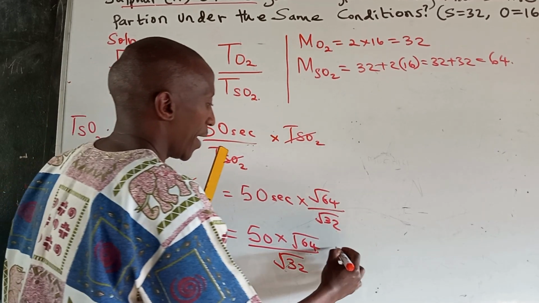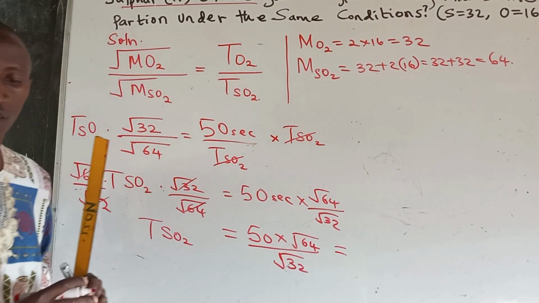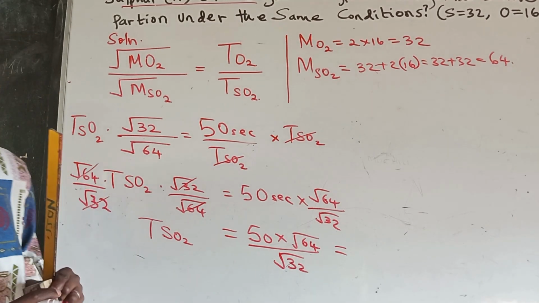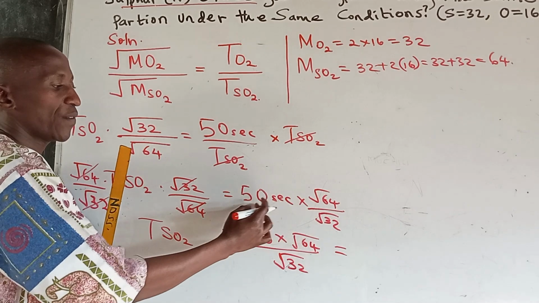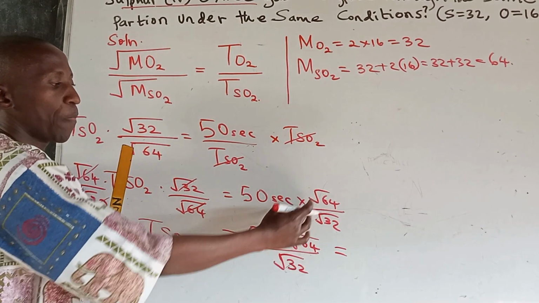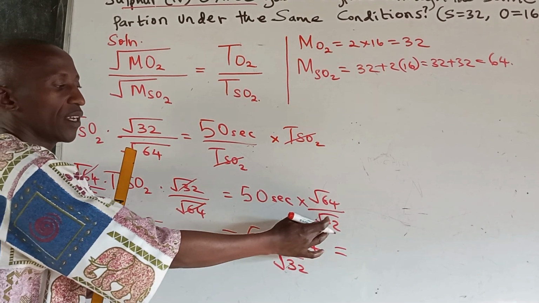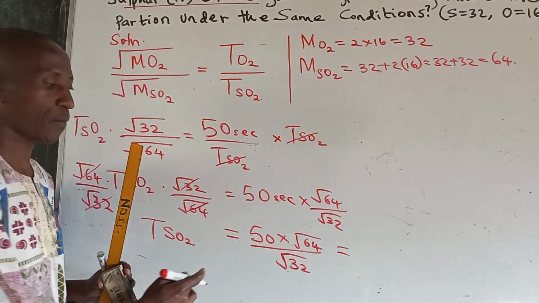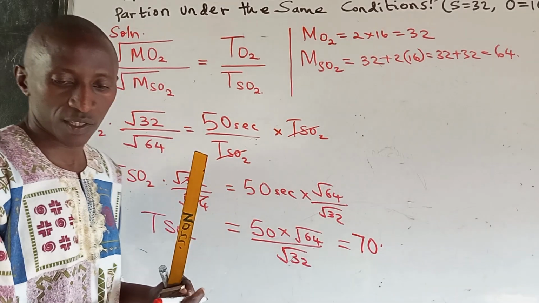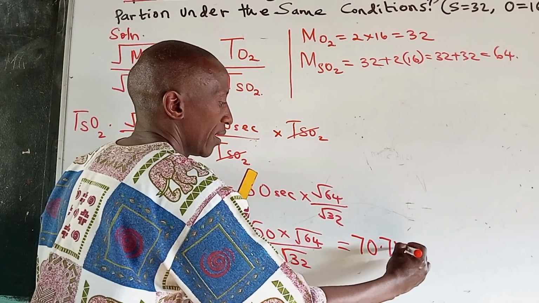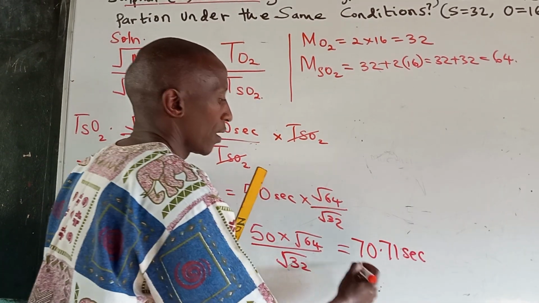I would like you to punch that on your calculator and let us check on what we have. This can be equated as 50 times root 2 because the square root can be distributed across the division. And that gives us approximately 70.71 seconds.